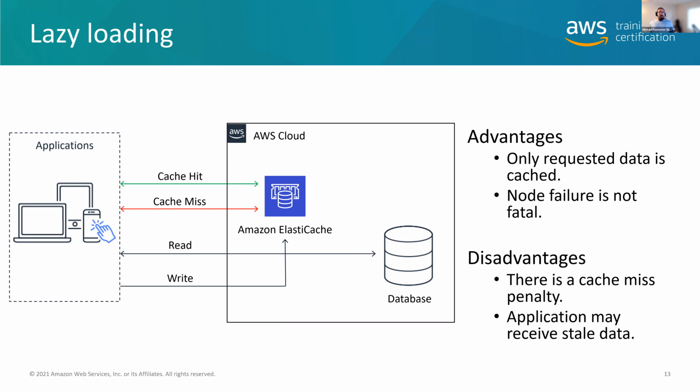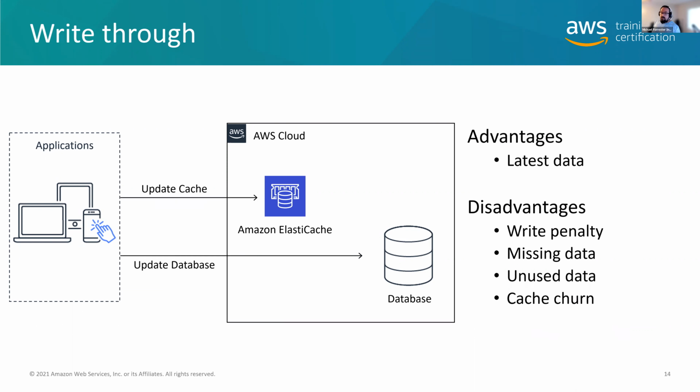This is also fine because if a node fails within the cluster, which by the way isn't a problem because everything's replicated, but if a single node fails, you're going to lose all your data, which means you have to start over and the application is going to have to populate it as it runs. This is called lazy loading, meaning a write to the cache only happens when the cache has been missed.